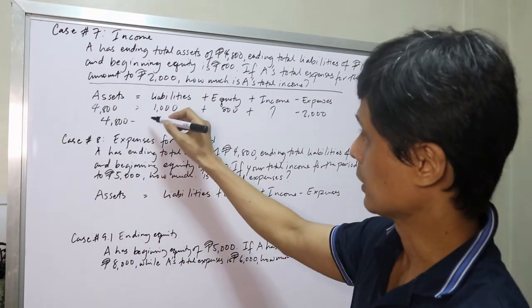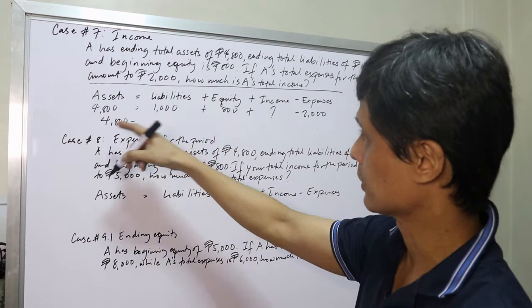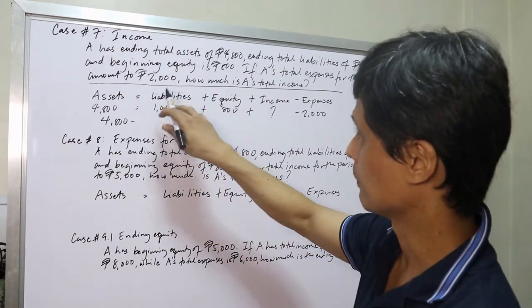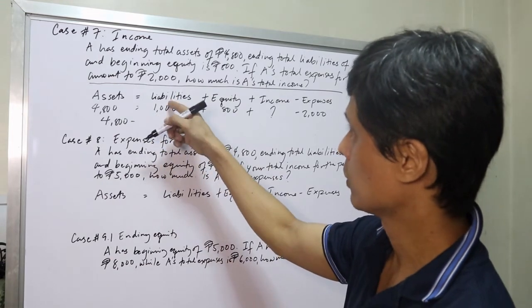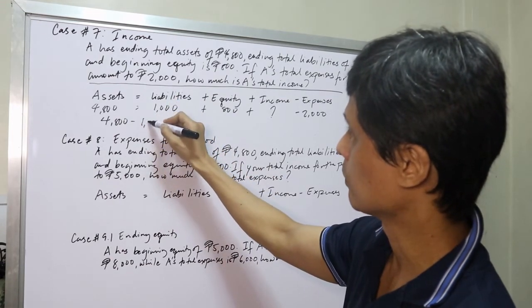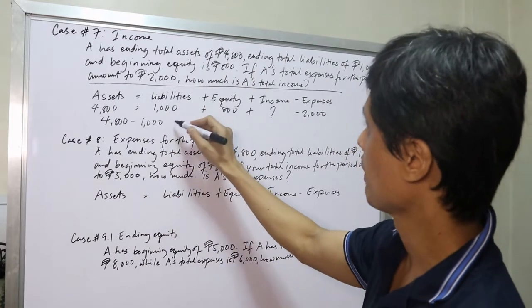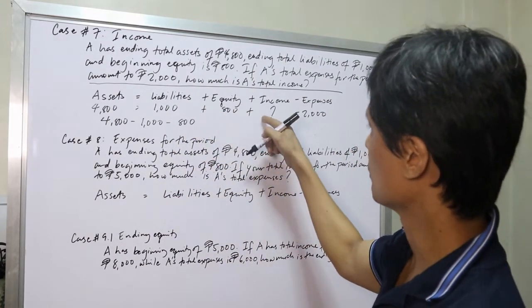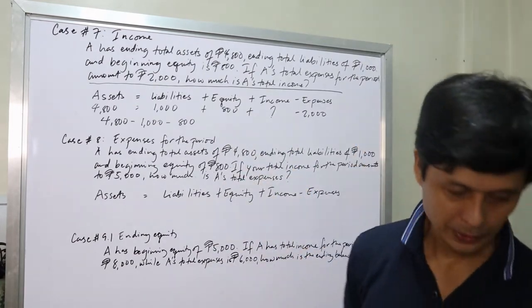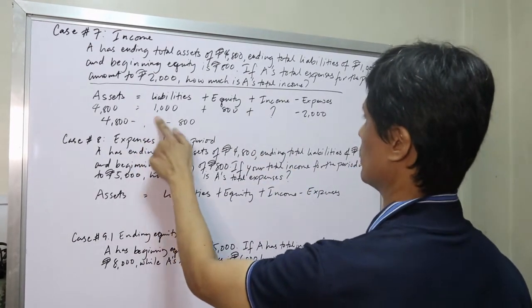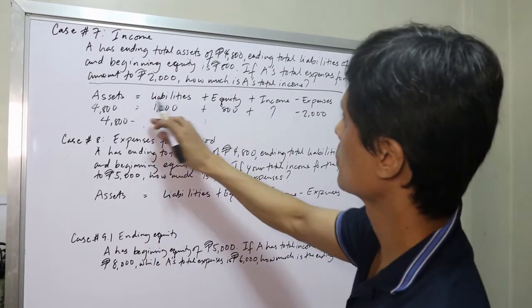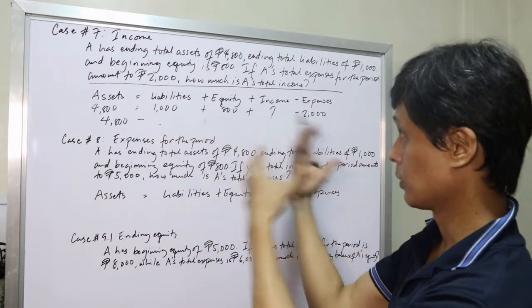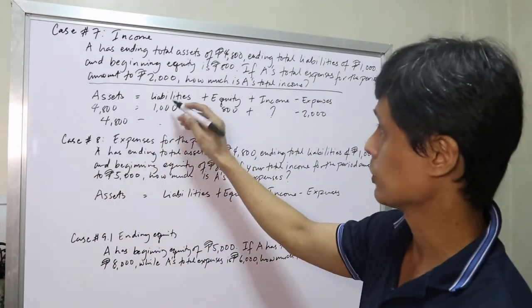So this is 4,800 since change ng sign sila, from positive to negative. So itong liabilities would be minus 1,000, and then minus 800 for the equity, tapos yung income.